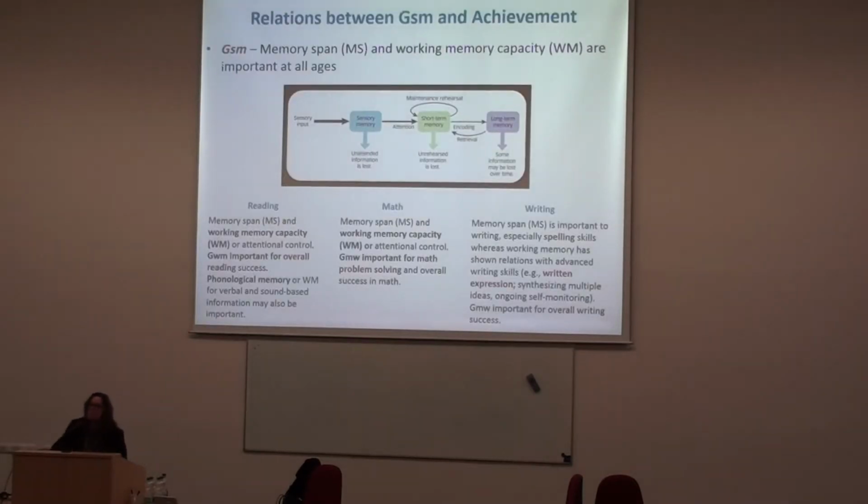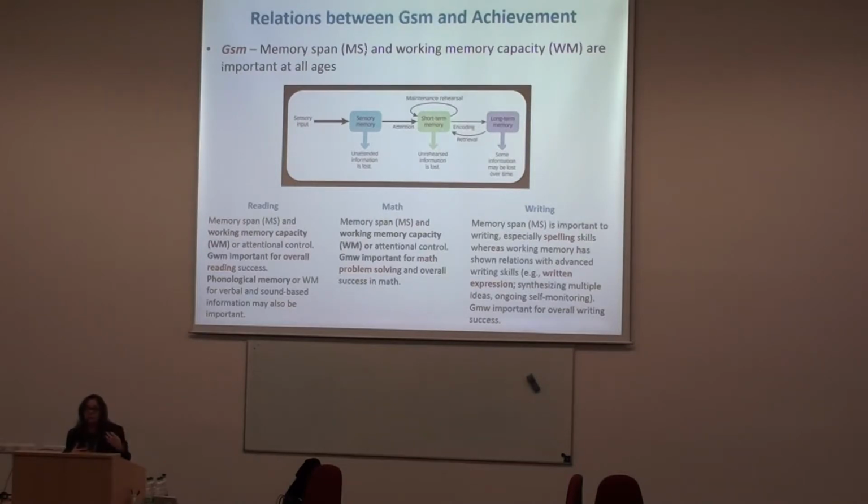Working memory in particular is critical for learning and academic success in school. In fact, it's one of those areas that we refer to as a domain general ability. It affects performance in reading, in math, in written language. And as you get into a more advanced curriculum, your demands on working memory become more and more.